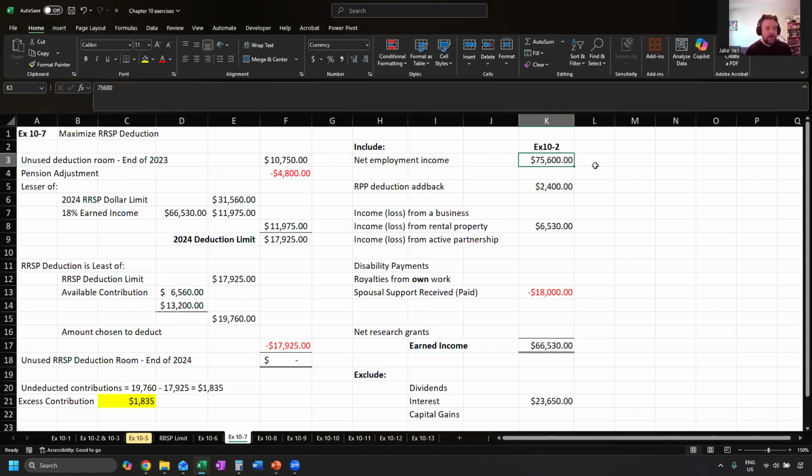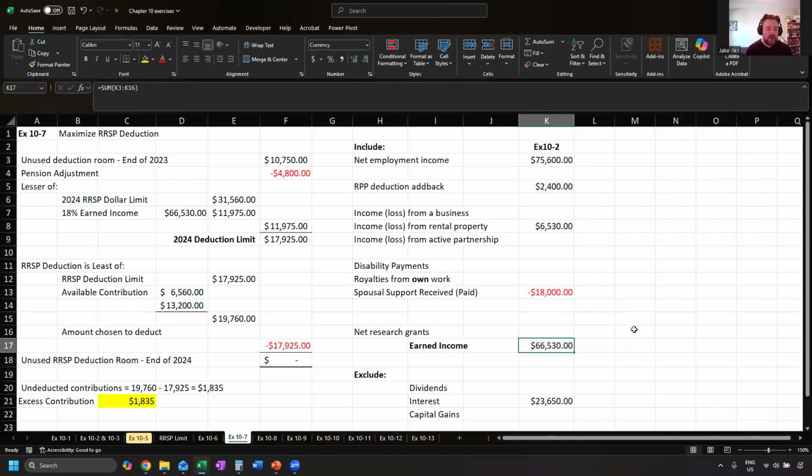The net employment income was 75,600, but there was an RPP deduction of 2,400, so we add these back together to see the gross income of 78,000. Rental income was 6,530, and they paid spousal support of $18,000. So the earned income was 66,530.